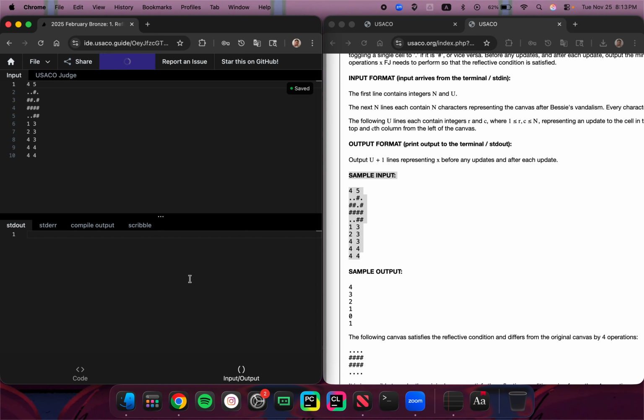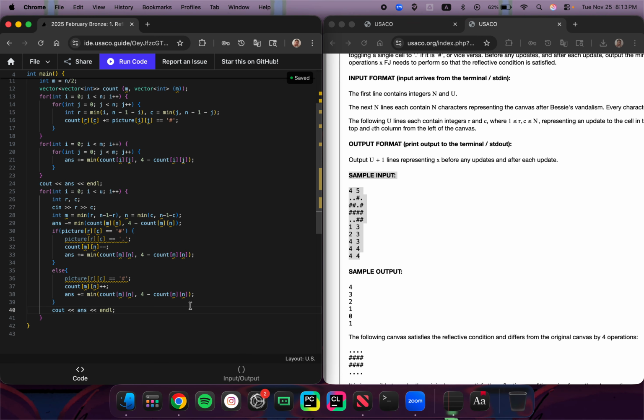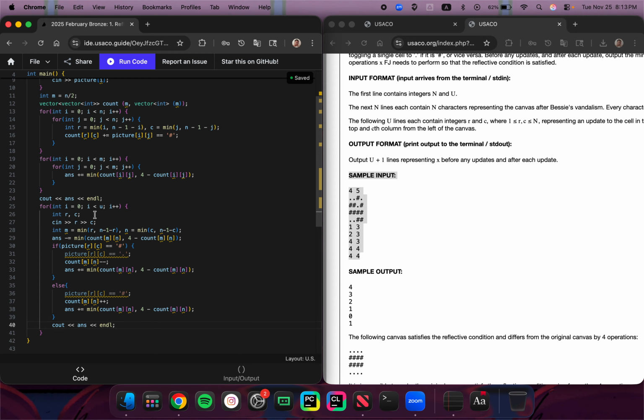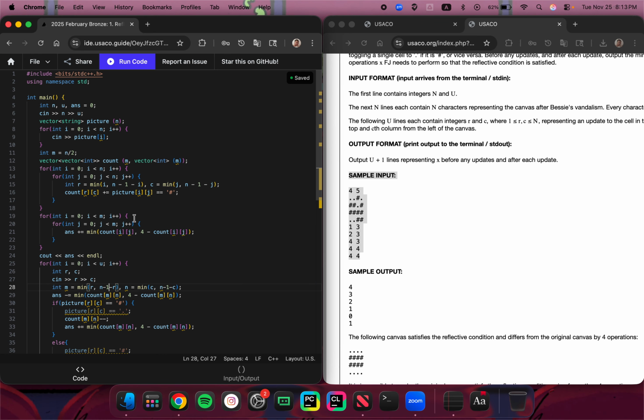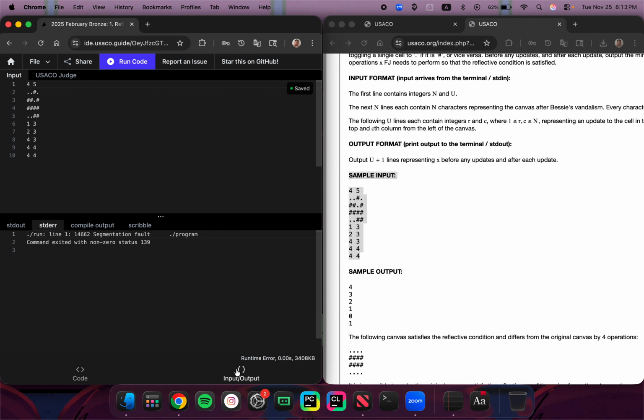Let's run this and see if it works. Okay, so we have that, sadly. Let's check our indexes. It's supposed to be just for safety, just do that. Sure it's not because of that though.